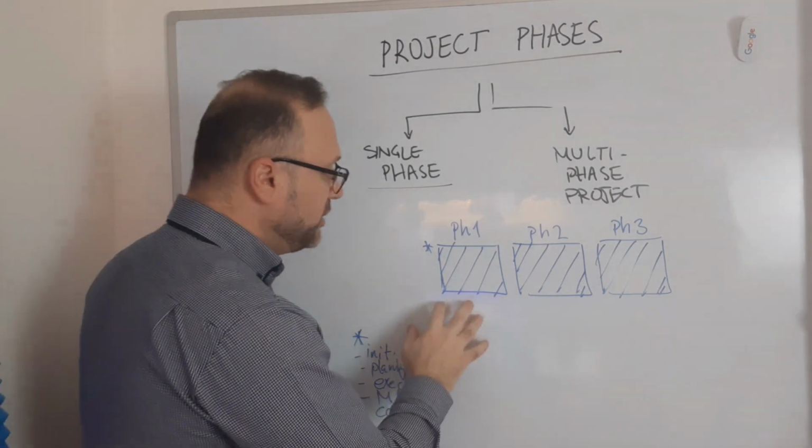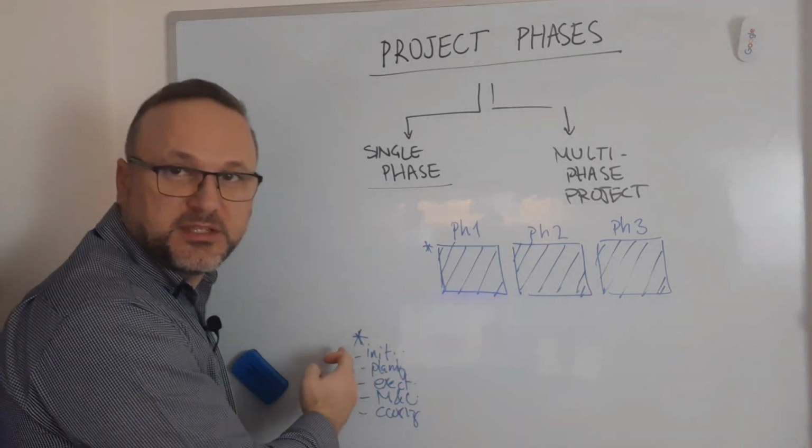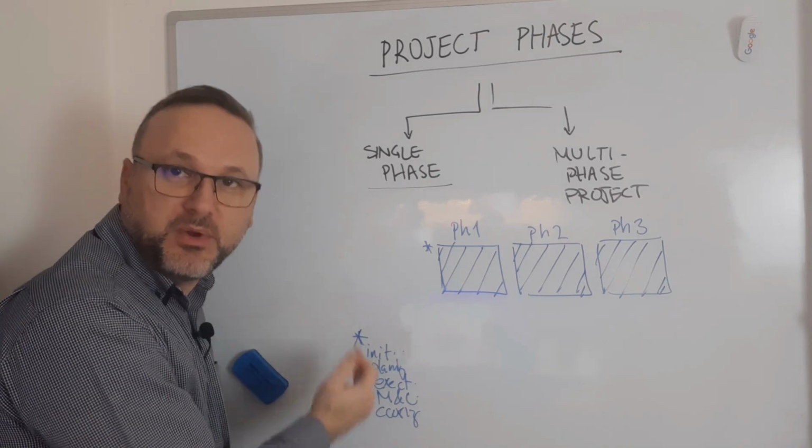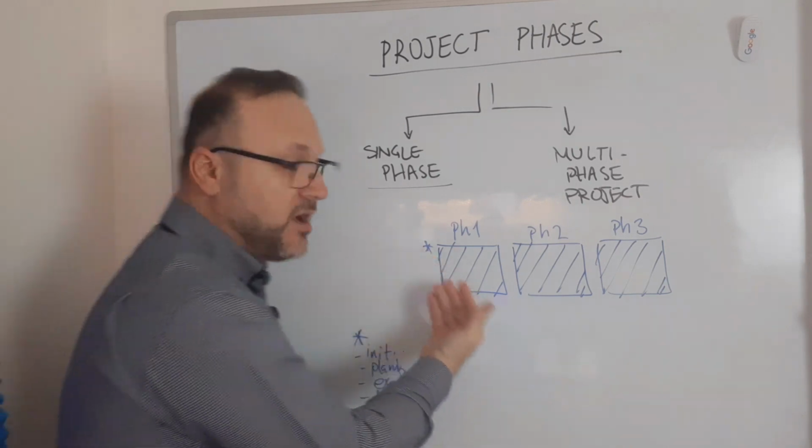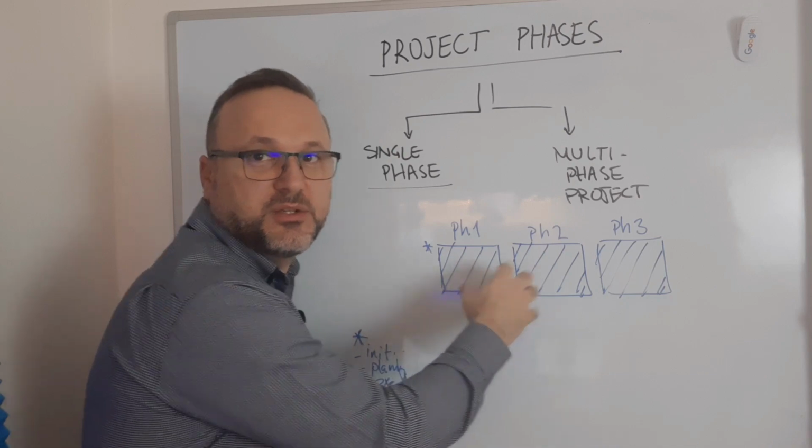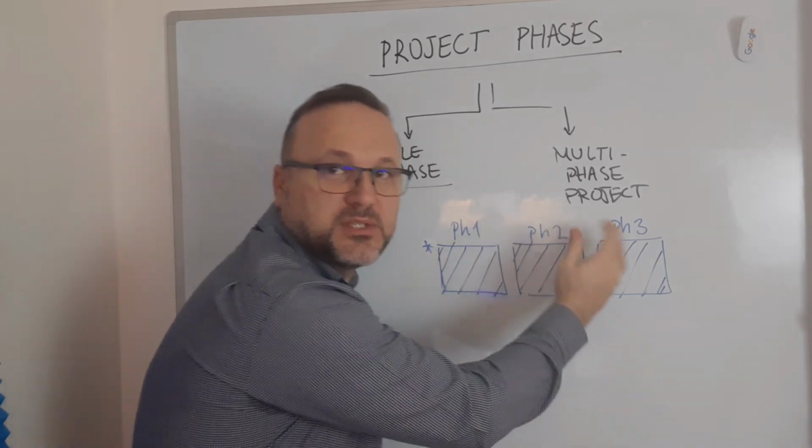In each phase you have initiating, planning, executing, monitoring and controlling, and closing. You have first phase. Once you finish, you start the second phase. Once you finish, you start the third phase.